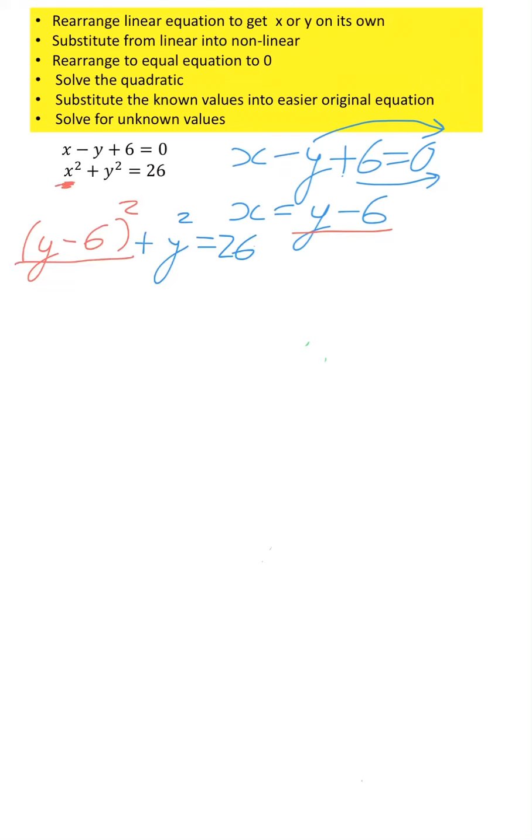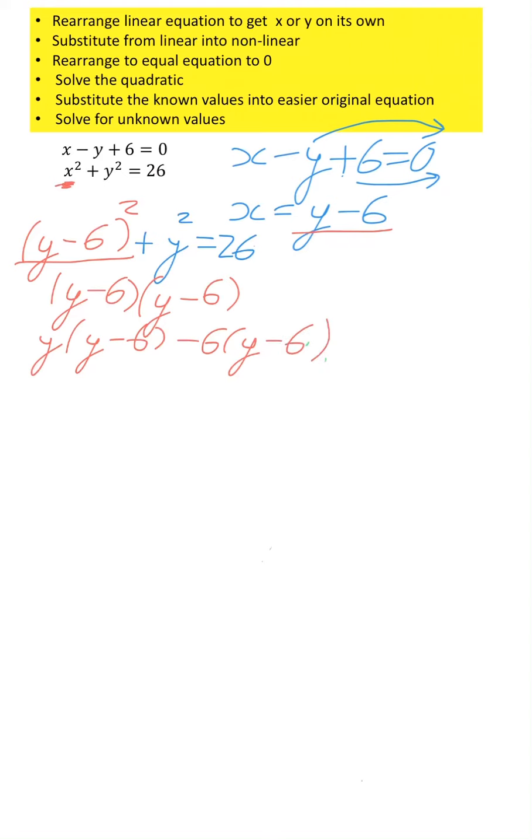So let's do that. We have y minus 6 times y minus 6. So y times y minus 6 and minus 6 times y minus 6. Y times y is y squared. Y times minus 6, minus 6y. Minus 6 times y, minus 6y.